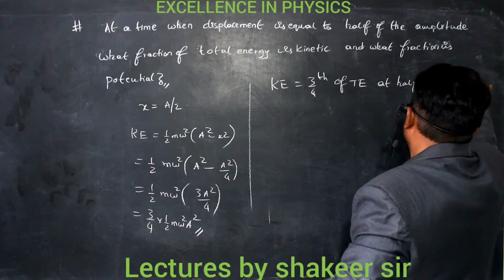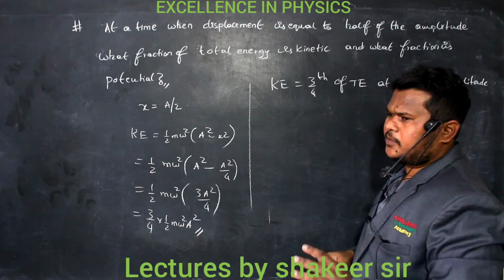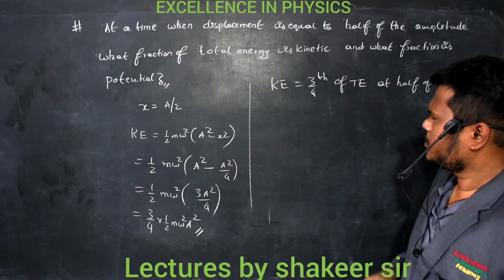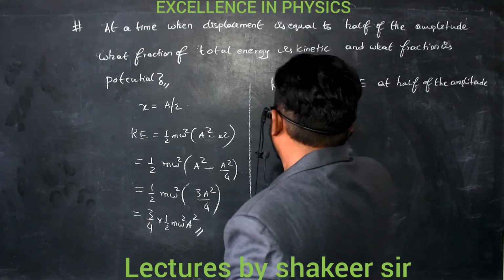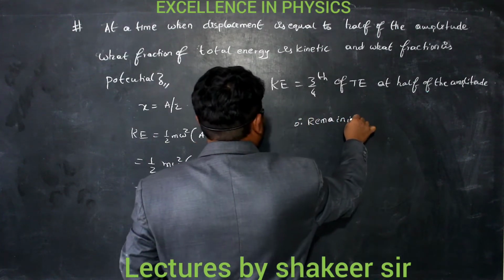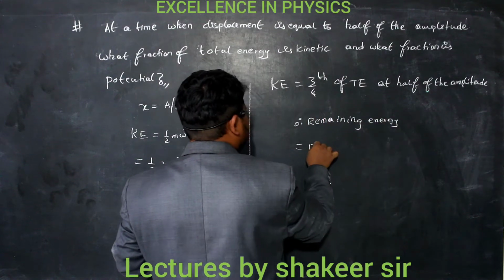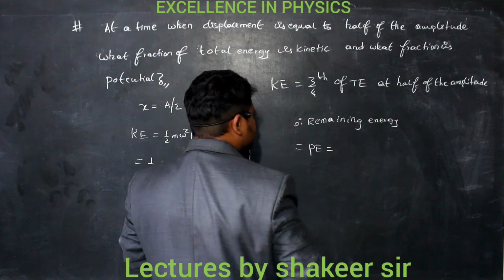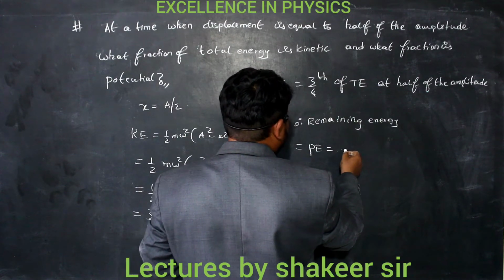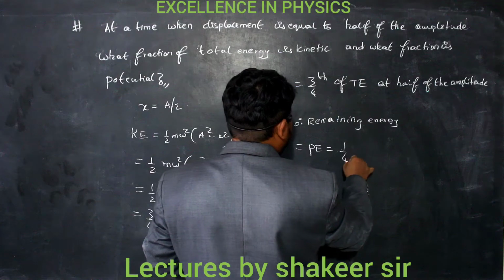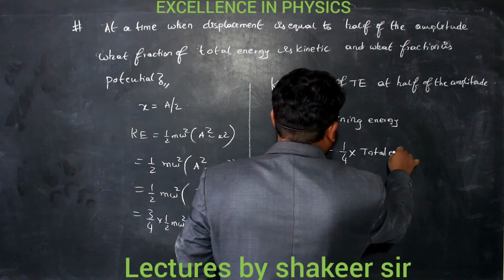So if 3 by 4th of the energy is kinetic, then the remaining energy should be potential energy. Total energy E minus 3 by 4 will be 1 by 4, so potential energy is 1 by 4th of total energy.